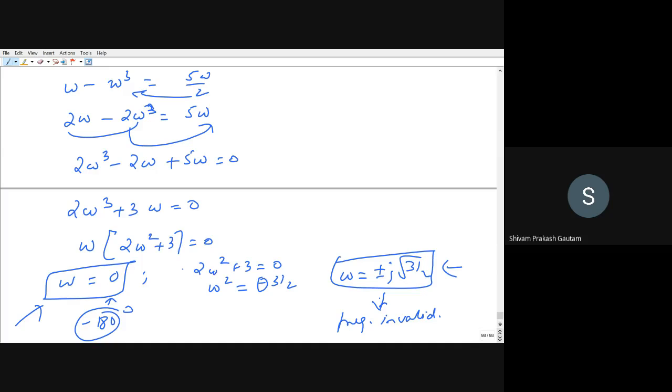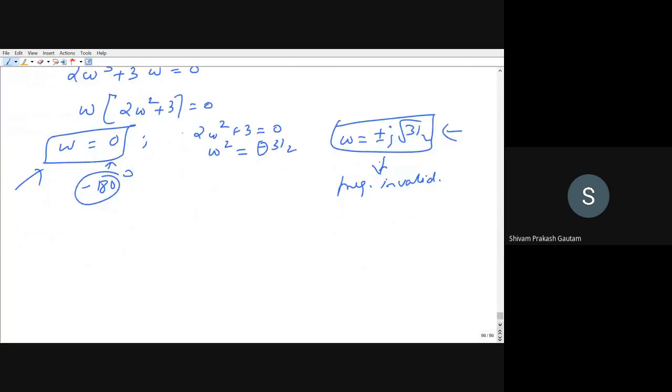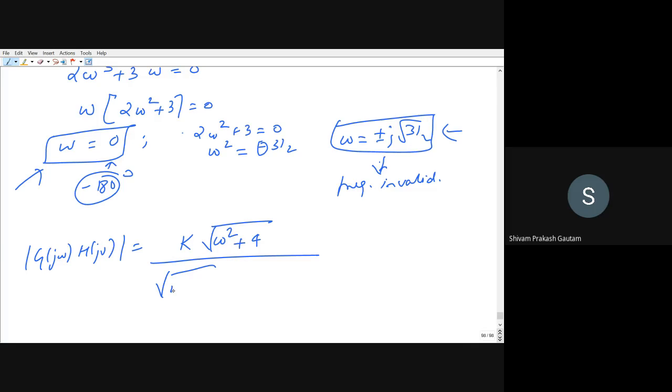So let me write again the magnitude expression. I'm directly writing, I'm having K under root of omega square plus 4 whole divided by under root of omega square, under root of omega square plus 0.5 whole square, under root of omega square plus 1. This is our magnitude equation, equation number 1.